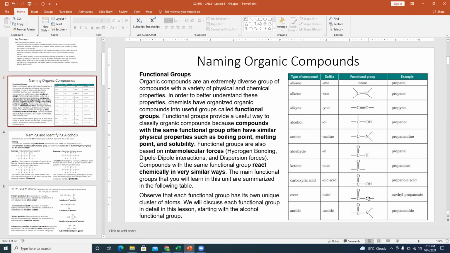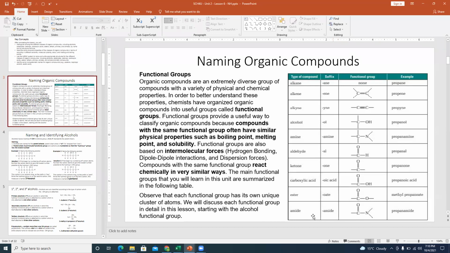And the way you name it is based on whatever was going to be the name of the carboxylic acid, and you drop the oic and you add an oate. So, for example, you might be naming it as a methyl propanoate.